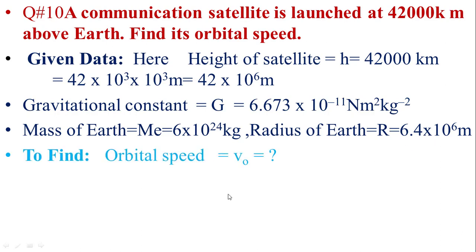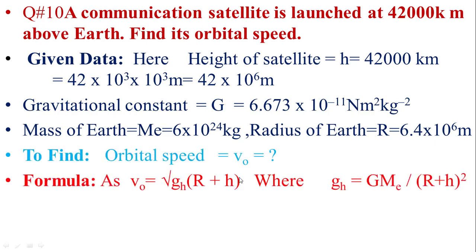To find orbital speed V naught, the formula is the same as in the previous question 9. We know that V naught is equal to the square root of gh into (R plus H). We also know that the value of gh is equal to GME upon (R plus H) whole square.